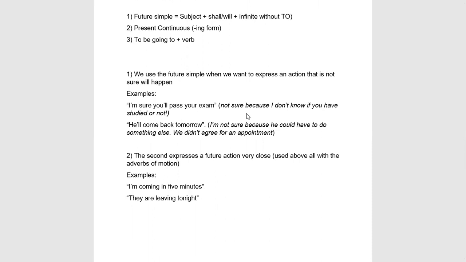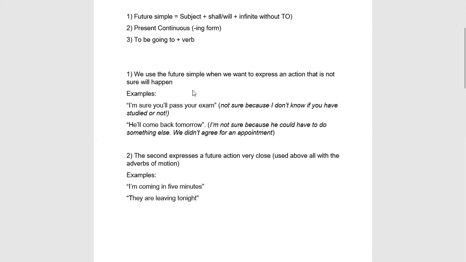So it's like a wish. I wish you to pass the exam, but I'm not sure. And even you, if you go to do an exam, you can say I've studied a lot, but it's not 100% sure that you will pass.